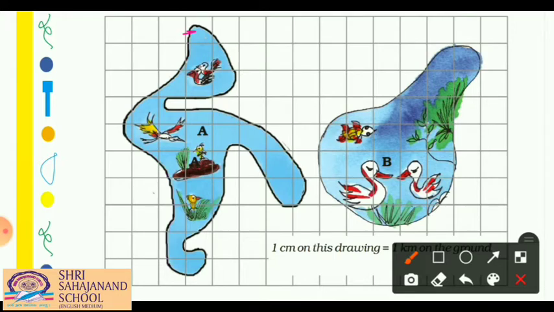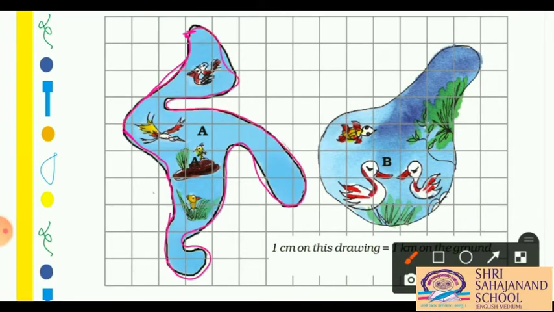From any fixed point like this, you will start to put your thread just on the black lines like this, and your thread will end where your point was started.